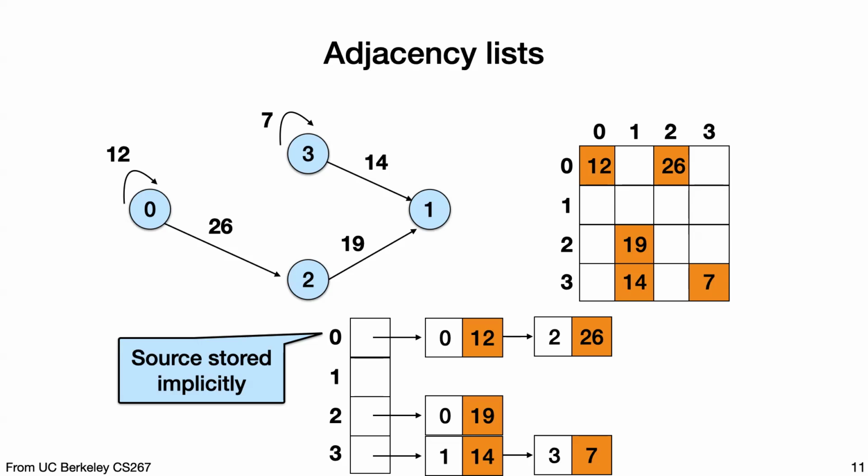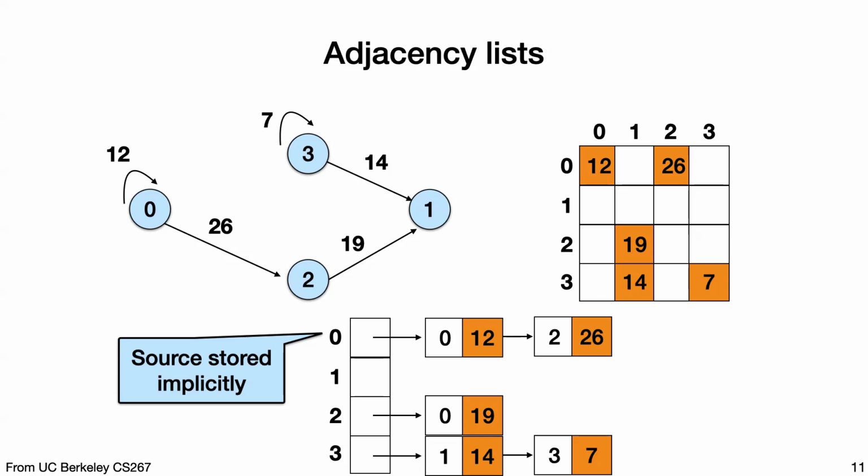Another one is adjacency list. From this matrix, you can store basically a vector of linked lists, where each entry in the vector is a pointer to a linked list, or null if there's no adjacency. And each entry in the linked list has two fields, a destination and the value, and a pointer. The source is stored implicitly in the adjacency list.